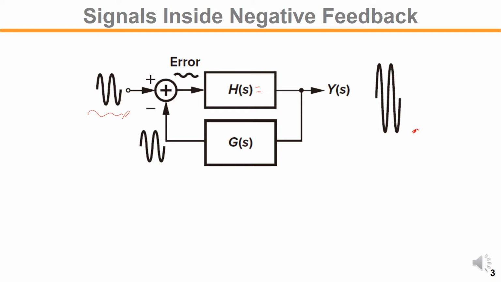Typically in op-amp applications we design it to have, let's say, close to infinite gain, and then G(s) is, say, a fraction like half, right?